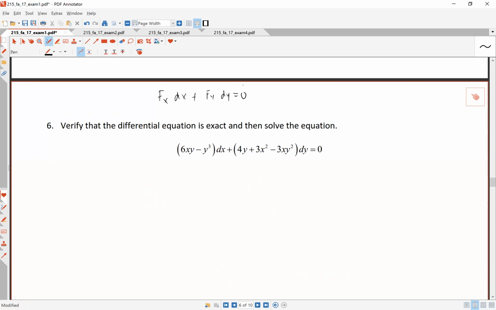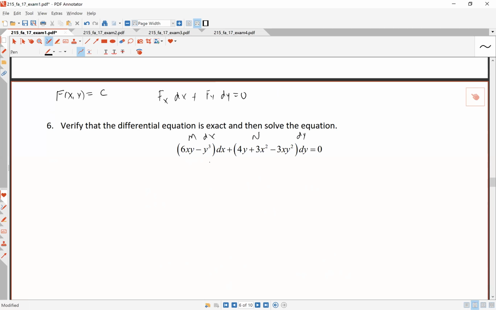And this comes from having some kind of equipotential function f of x y equals a constant. That means the differential is 0. And so we're wondering if this M dx plus N dy is such that the left side represents a total differential.